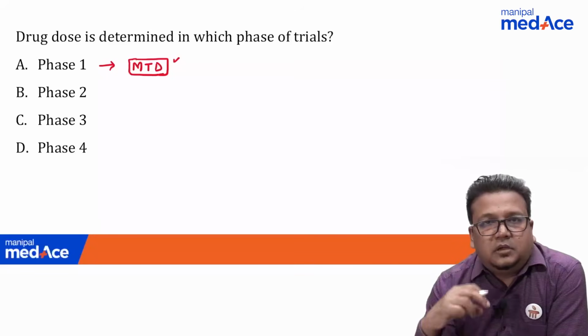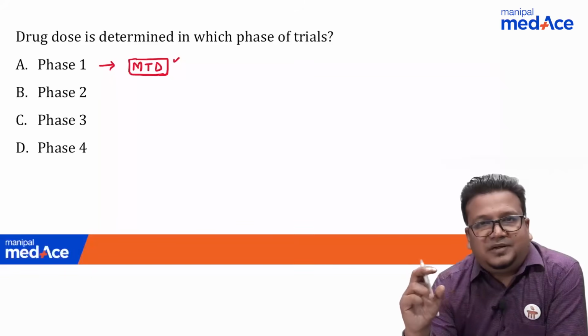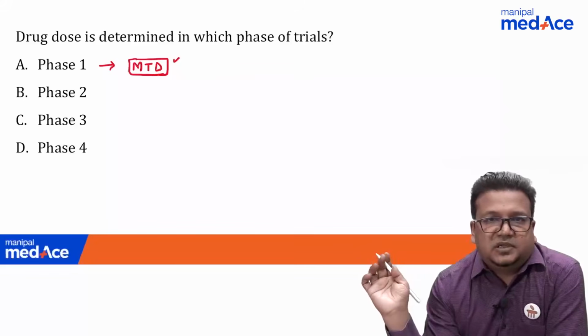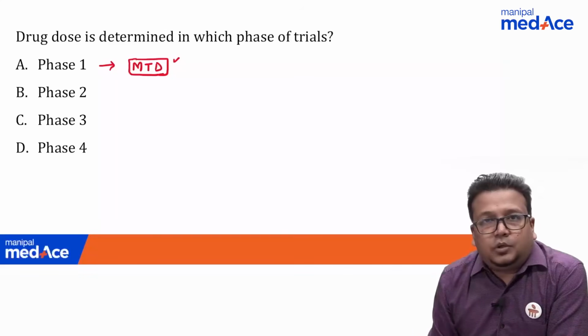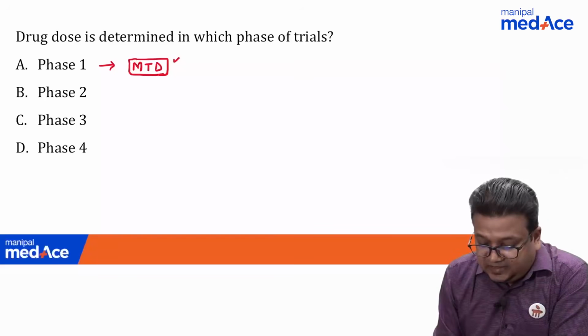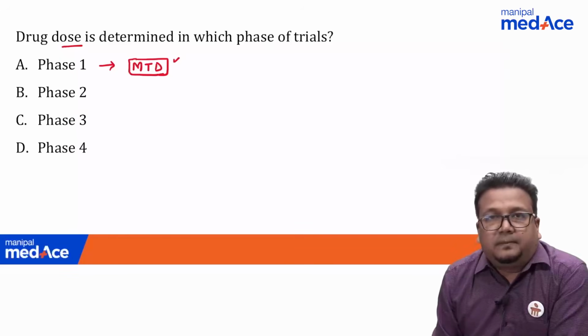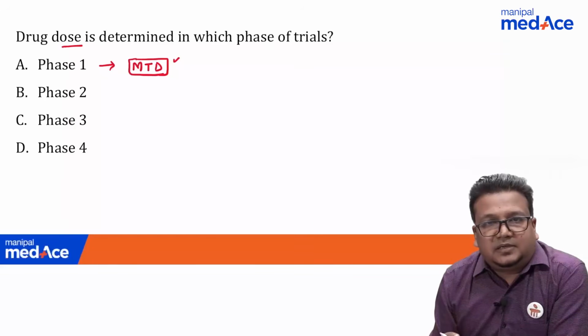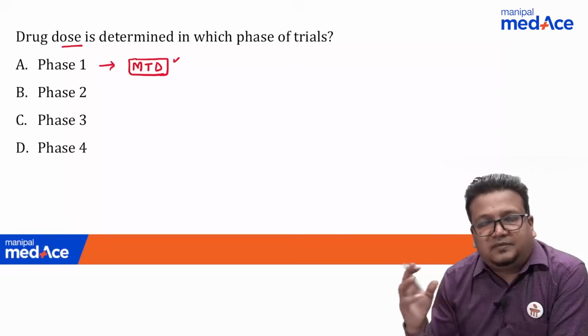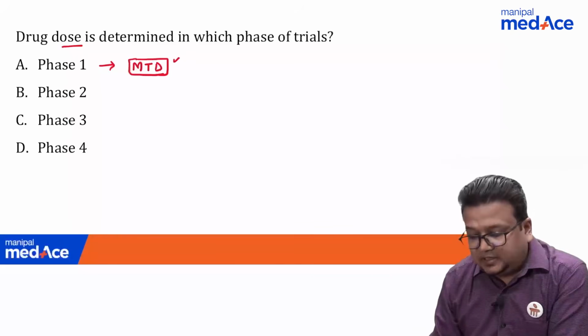It is that dose beyond which we will not test the investigational drug. But that's not what is asked in this particular question. They're asking which dose will eventually be used in patients is determined in which phase of the trial.